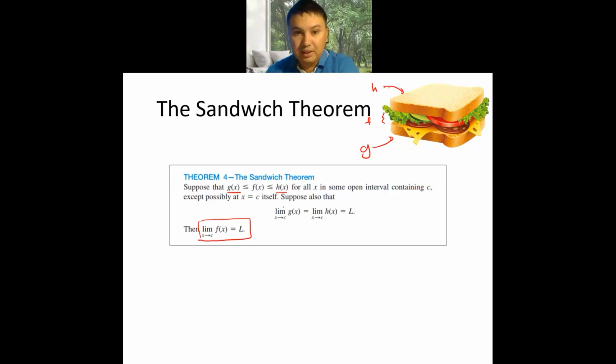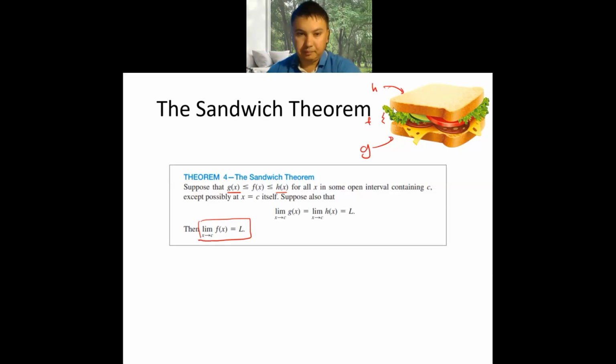And let's say that the limits of g of x and h of x happen to be the same L. Then f of x cannot escape. If the upper bound and lower bound are approaching one point, then there is no chance: the middle f of x has to approach the same limit. So that's the sandwich theorem.